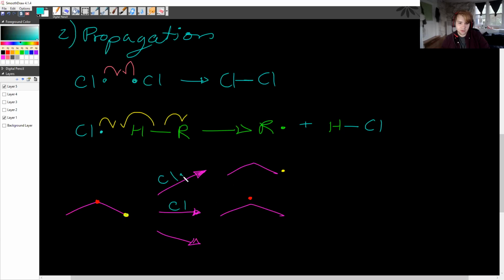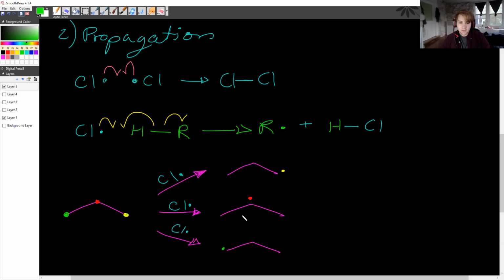Or we can create a radical on this last carbon on the left. Each one of these is perfectly valid. They're all possible.